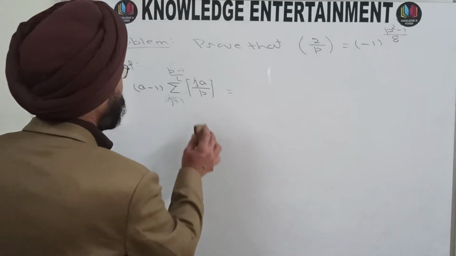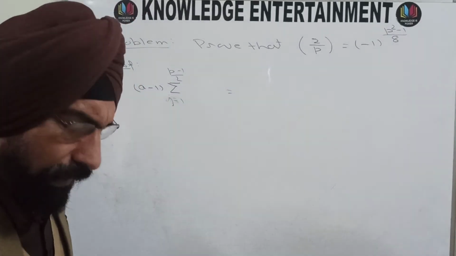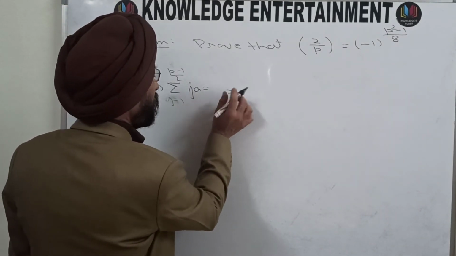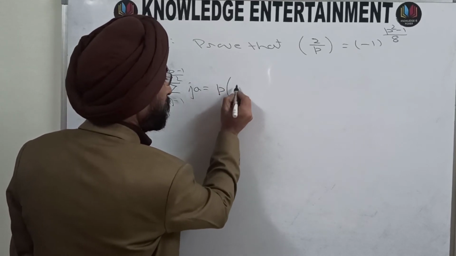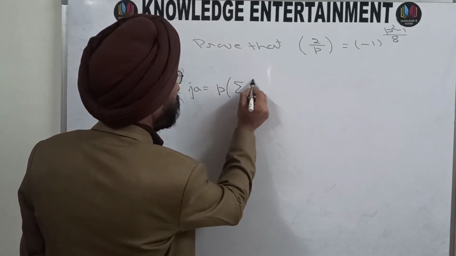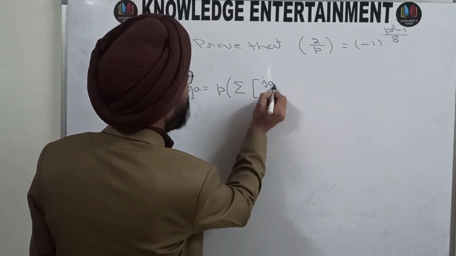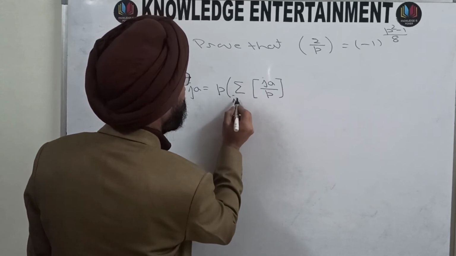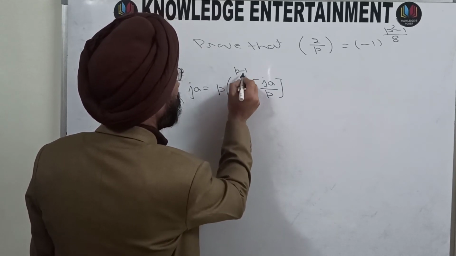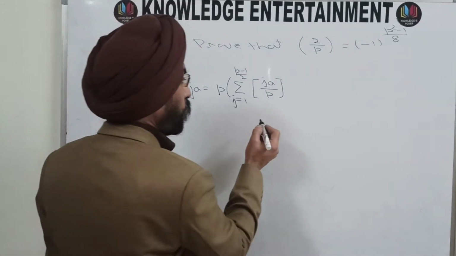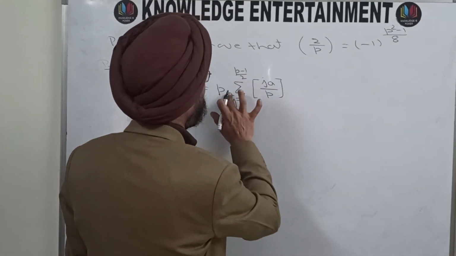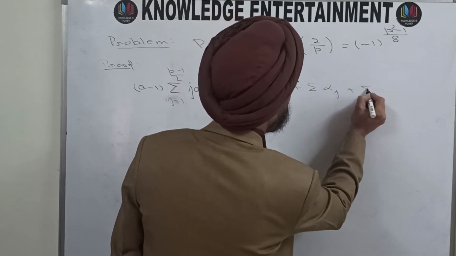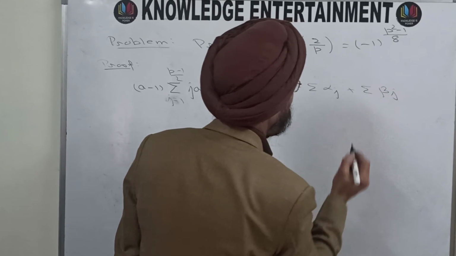It is sigma j a. In the previous theorem, you can check, sigma j a is equal to p times sigma box j a by p, j varying from 1 to p minus 1 by 2, plus sigma all alpha j's plus sigma all beta j's.